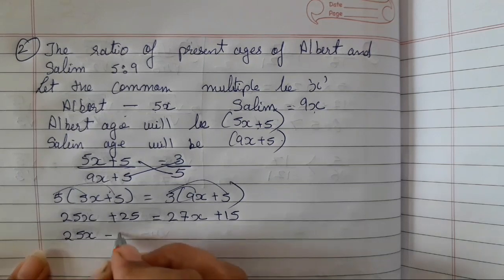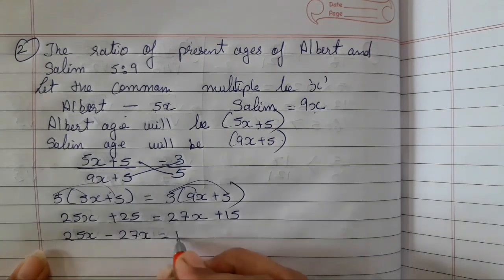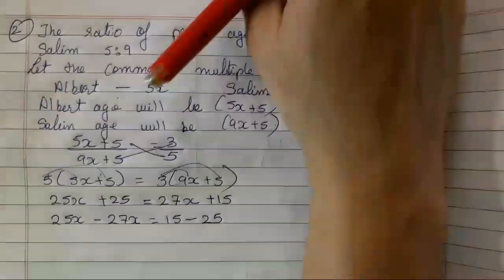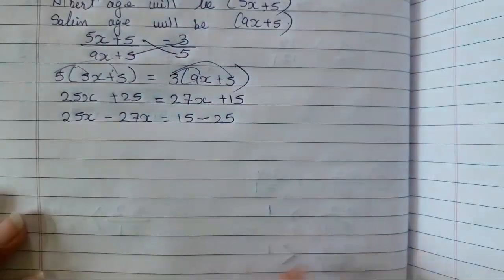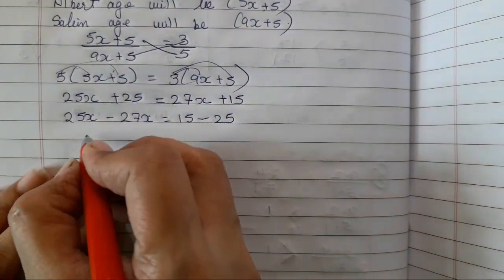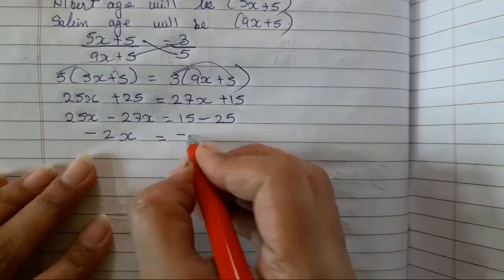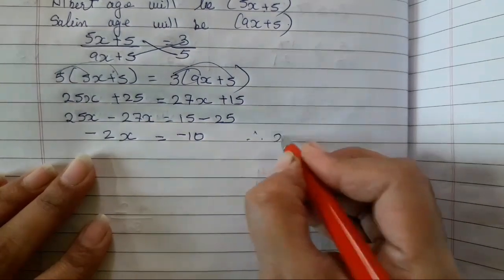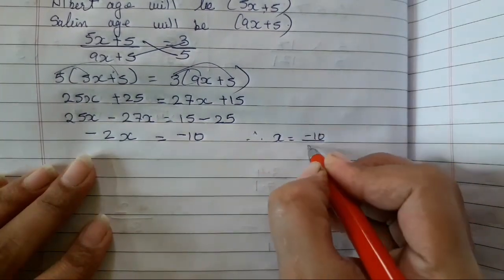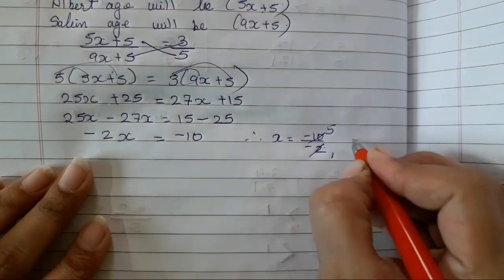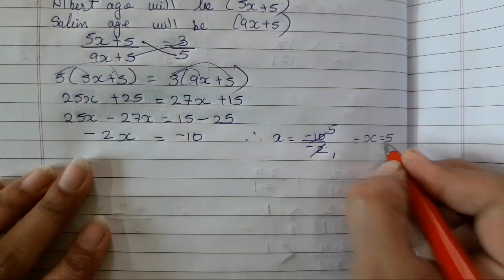Therefore, 25x minus 27x is equal to 15 minus 25. Okay, so when you subtract, 25 minus 27 is minus 2x and the answer is minus 10. Therefore, x is equal to minus 10 upon minus 2. So, when you reduce it, you are going to get x is equal to 5.